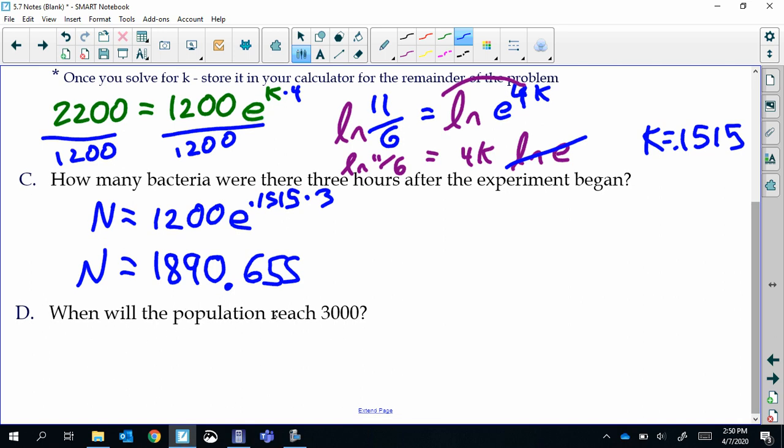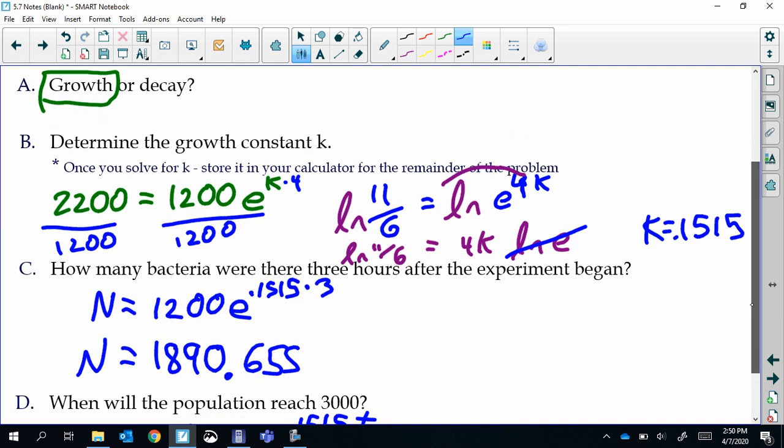When will the population reach 3,000? Well, we know it's going to be more than 4 hours. Probably 5 or 6 hours would be my guess. But we will solve it out. Plug in 3,000. And we are solving for t again.